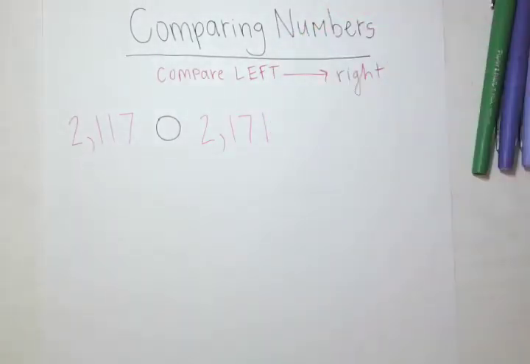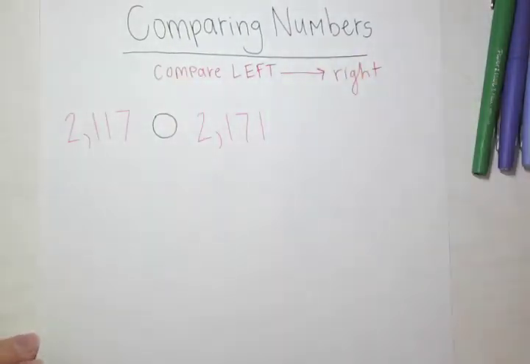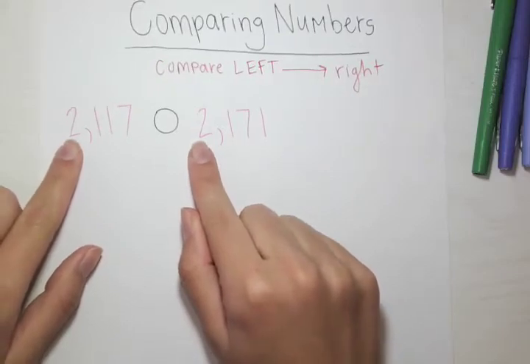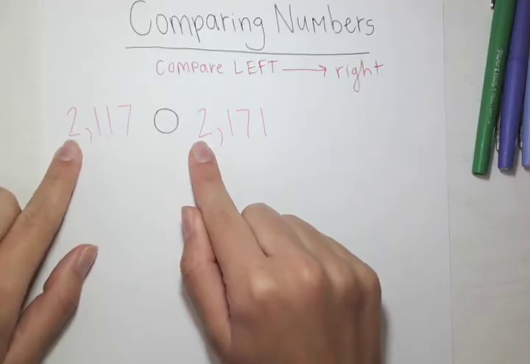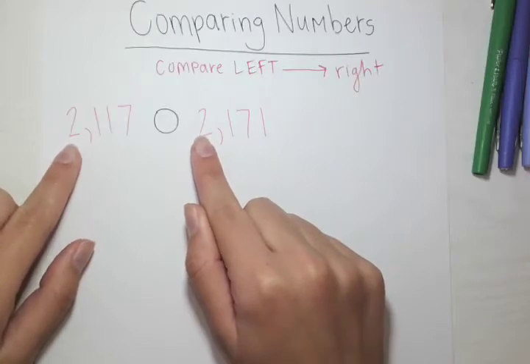Okay, so if we're just going to look at this, we think about comparing left to right. We'll start at the far left digit on each number. We have a 2 and we have a 2. Well, we know those two numbers are equal, so it's not going to help us. We need to move on to the next largest place value.